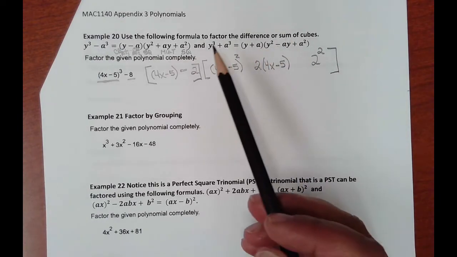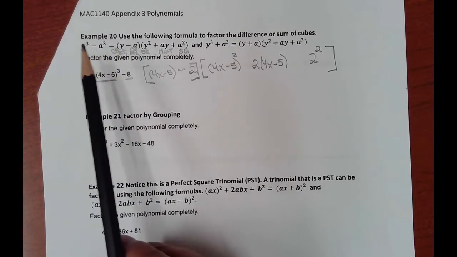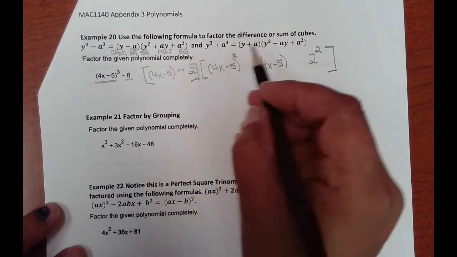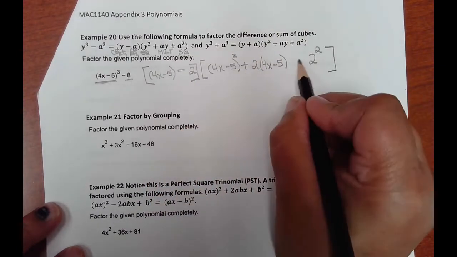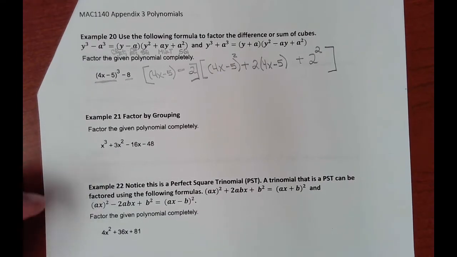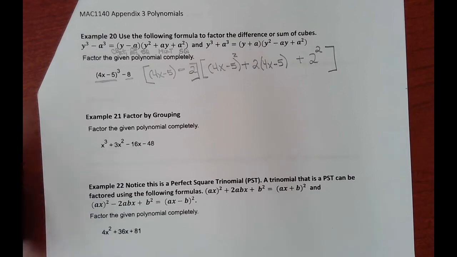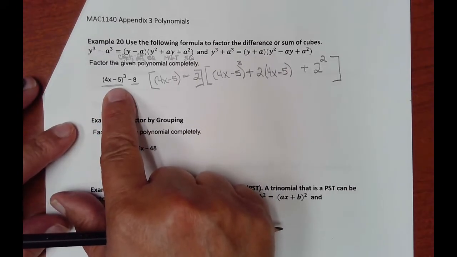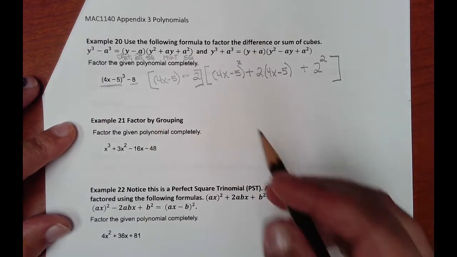This last term is always positive, whether you start off with the difference of cubes or the sum of cubes. Okay, so if this was a minus, this is a plus, this term is always positive. And then the problem with this is it's not easy when you factor something like this that starts off with a parentheses, because you still have quite a bit of simplifying to do.